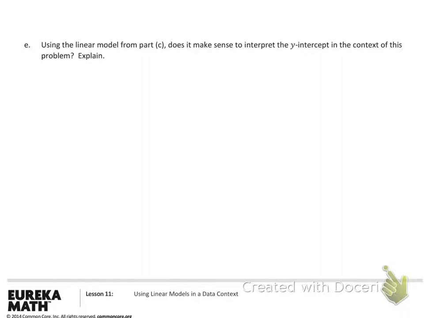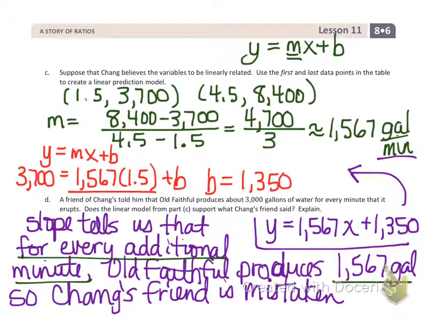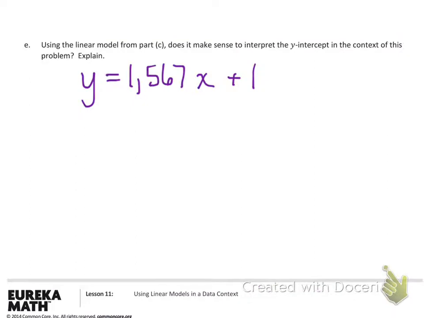Part E. Using the linear model from part C, does it make sense to interpret the y-intercept in the context of this problem? Explain. So here's our linear model. y is equal to 1,567 times x plus 1,350. Okay, the y-intercept is the point where x equals 0.